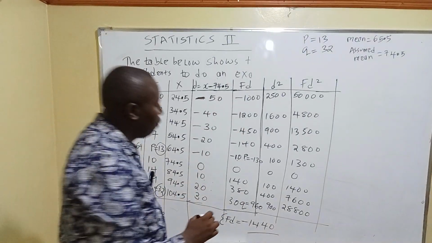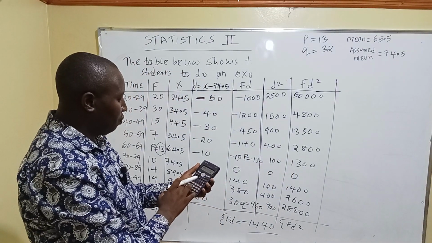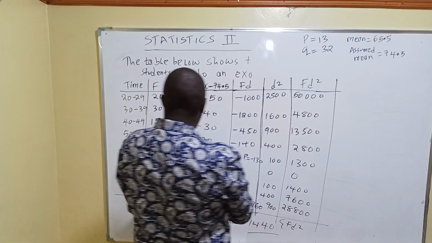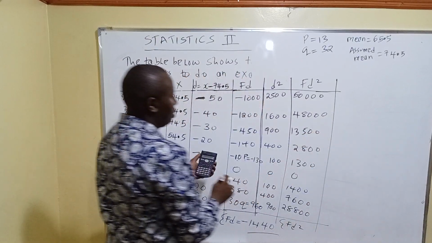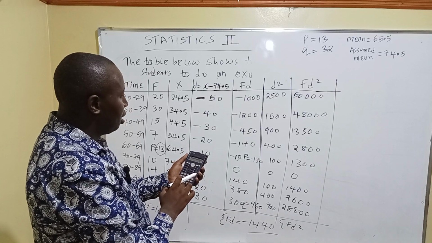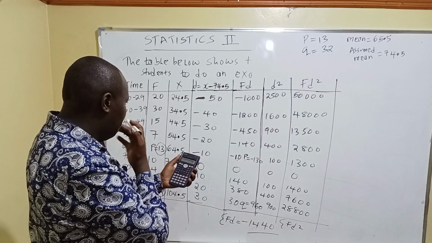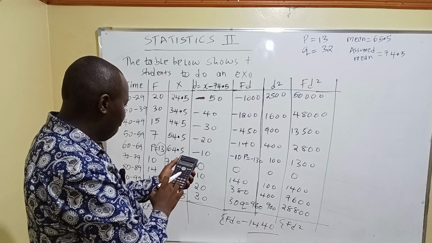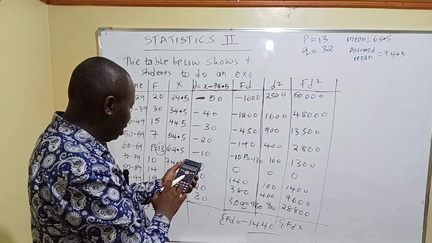Find the sum of FD squared. You get 50,000 plus 48,000 plus 13,500 plus 2,800 plus 1,300 plus 1,400 plus 7,600 plus 28,800.